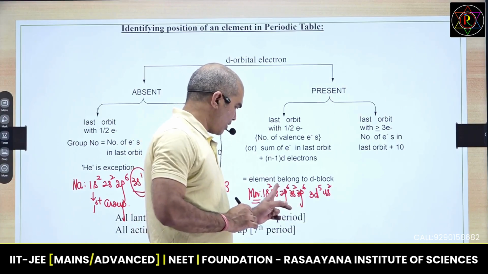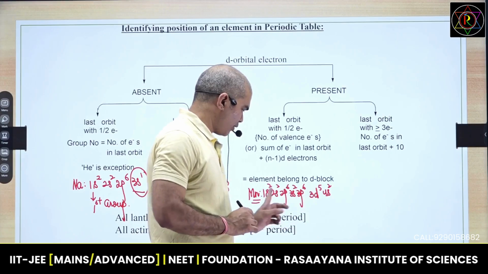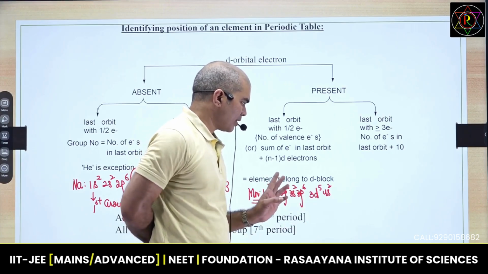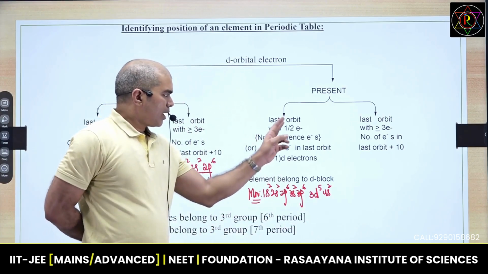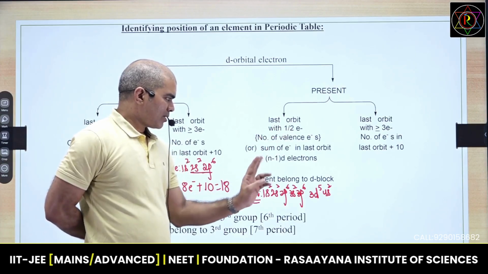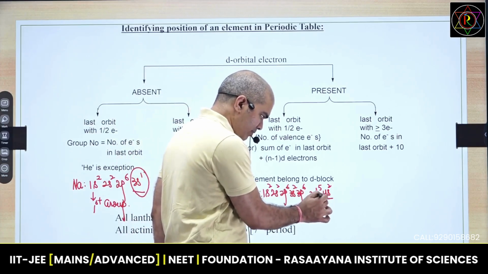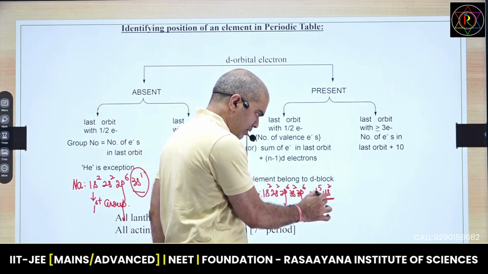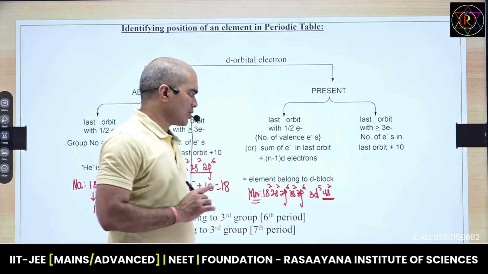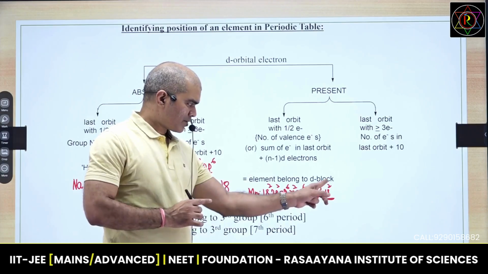Manganese is 25. Is the last orbit with 1 or 2 electrons? The last orbit here is 4s, the fourth shell. The fourth shell is the last orbit. It is having only 2 electrons.